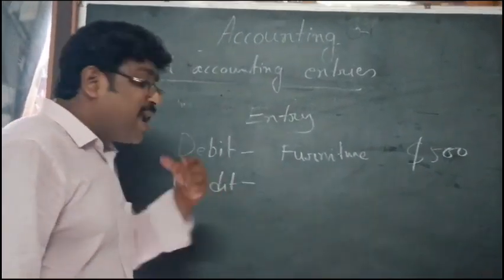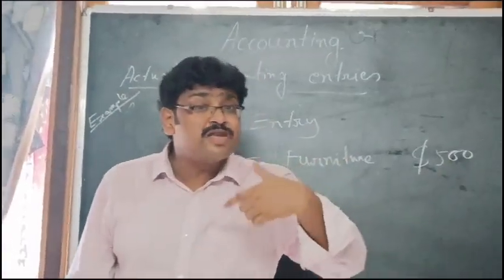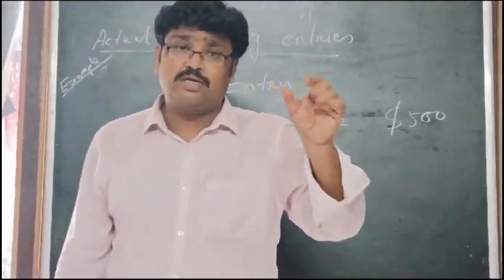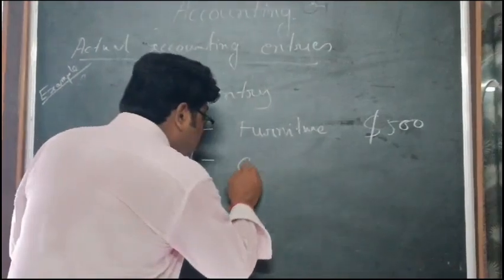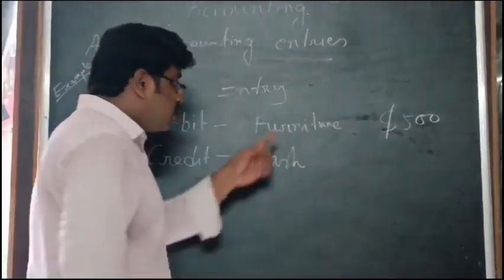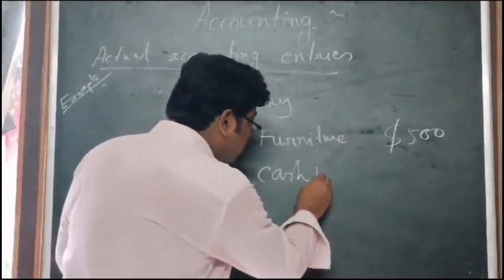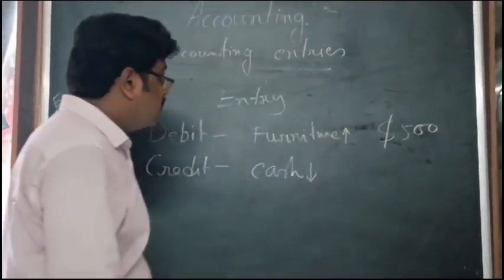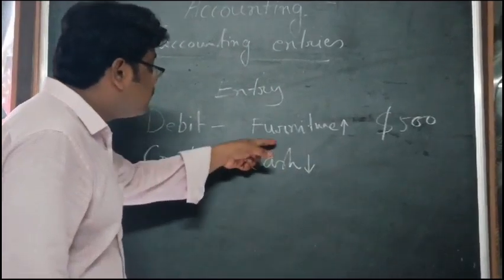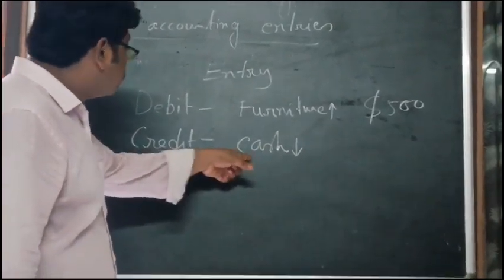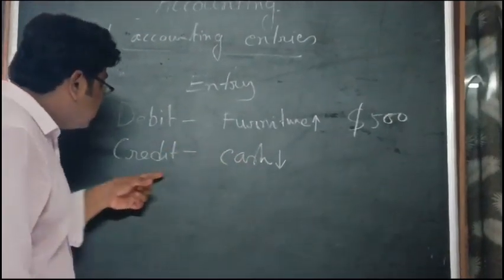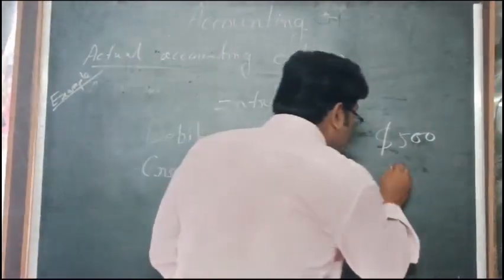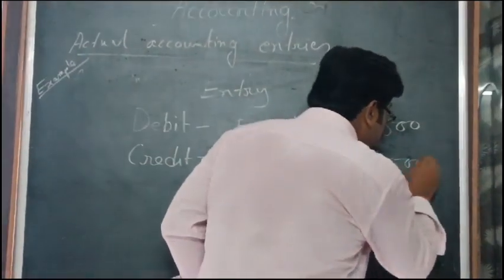Now cash has been paid out. How much amount? $500. So cash decreased. If there is a decrease as per the rules, the cash is considered as credit, and the amount will be the same, $500.